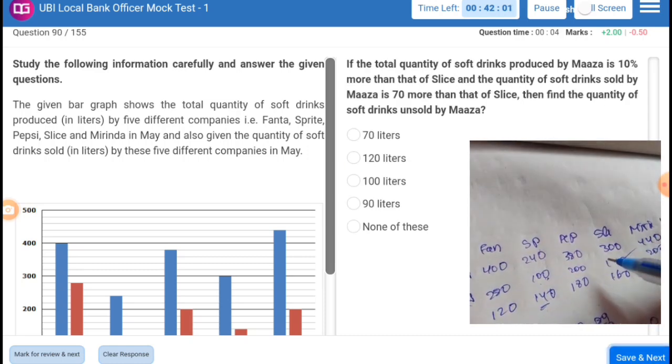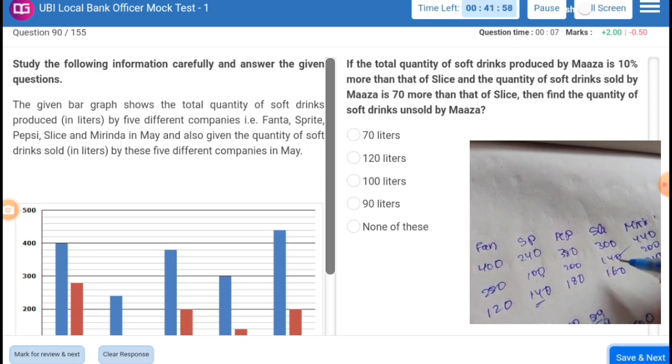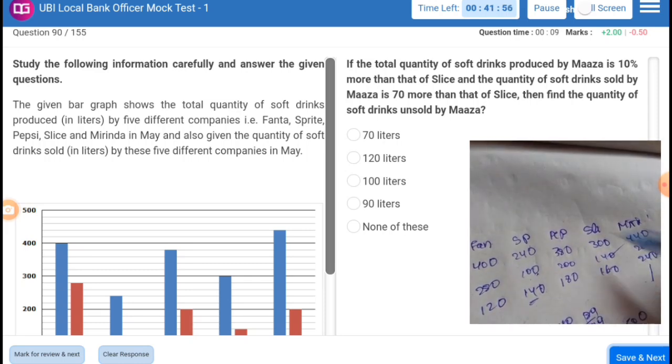So the total quantity of soft drinks produced by Maja is 11 by 10 of Slice. So 154.